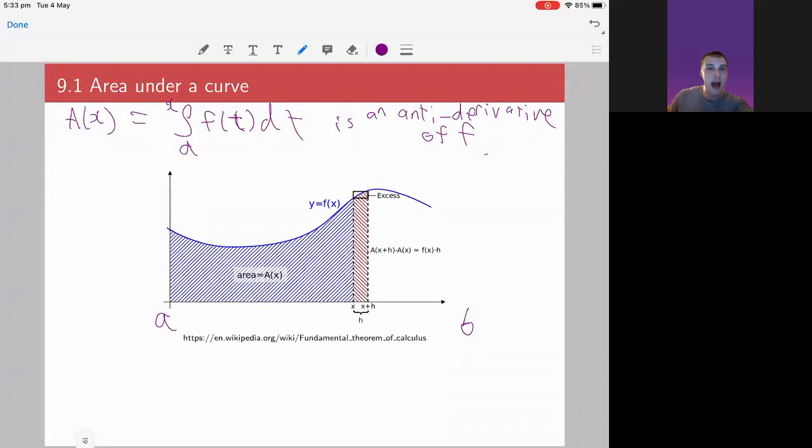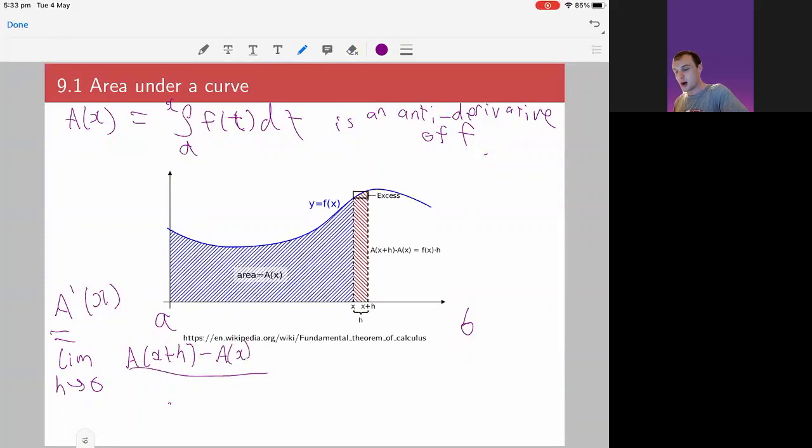Well, remember how we defined the derivative? We had to look at the limit as h approaches 0. So let's just remind ourselves what we're actually evaluating here. The derivative of A at a point x is equal to the limit as h approaches 0 of A of x plus h minus A of x, divided by h.